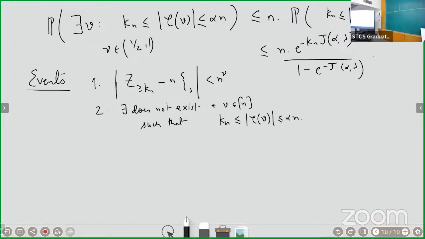These are really the 2 events we have controlled. We have shown both these probabilities are high. So E is 1 intersection 2. I'll call event E happening when both happen together. What is the probability of the complement? It is at most the probability of 1 complement plus 2 complement, and both of them are small. So the probability of the complement of E is at most 2 times order n to the minus delta. So E happens with high probability.